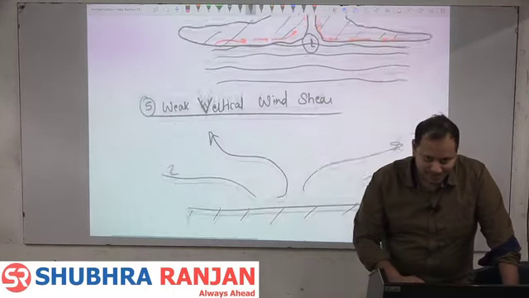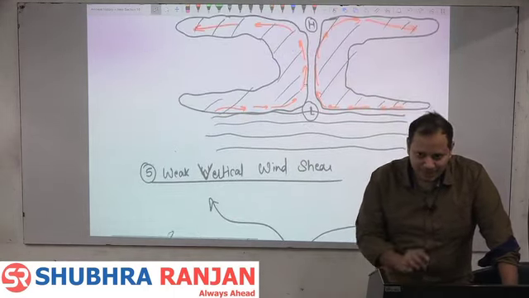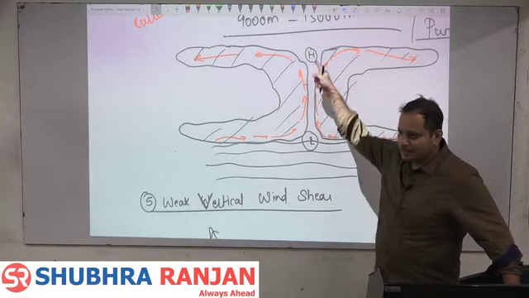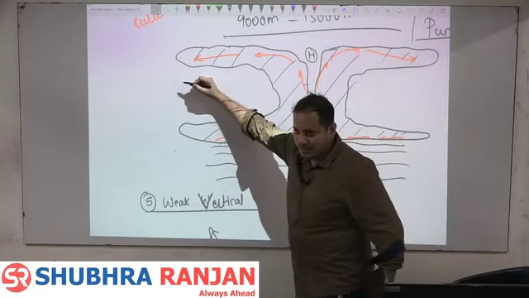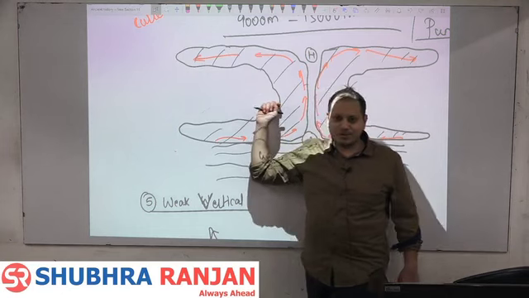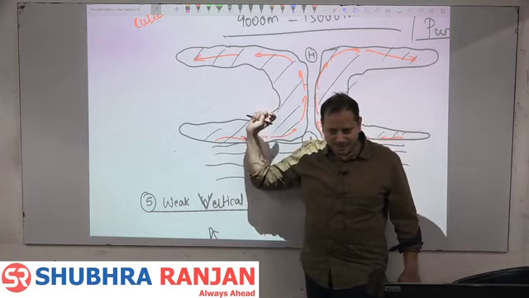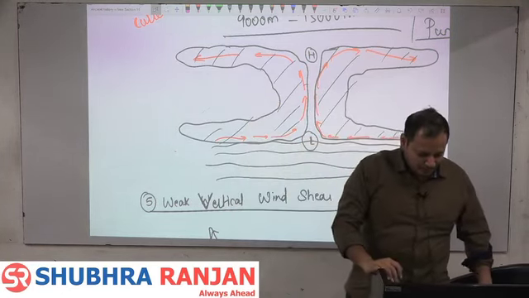ऐसे से cyclone होगा कि नहीं? Cyclone के लिए क्या है? Wind has to be in the continuous direction. It cannot keep on changing the direction. Otherwise, there won't be formation of eye. Understood? Weak vertical wind shear.